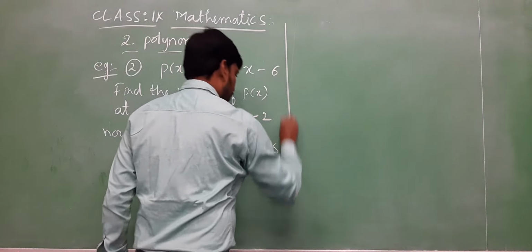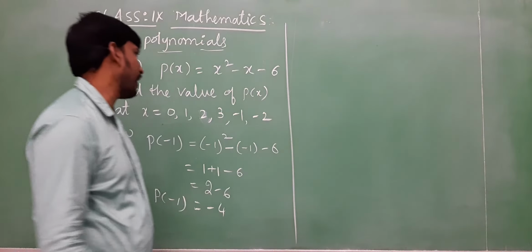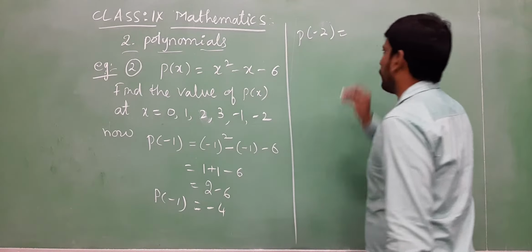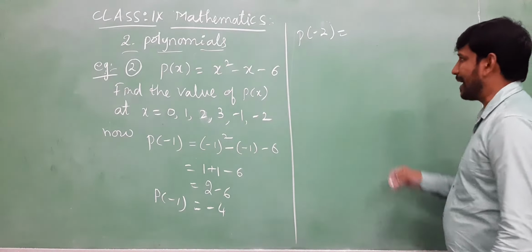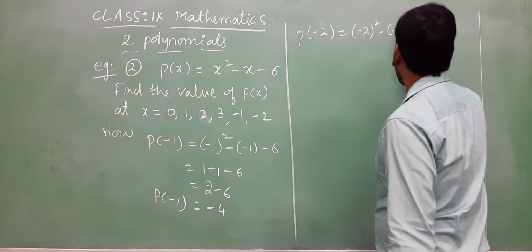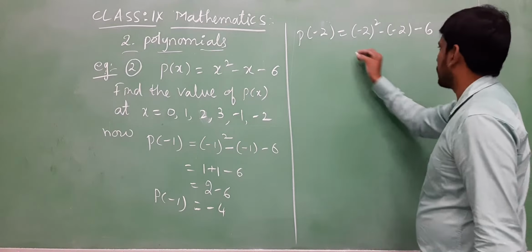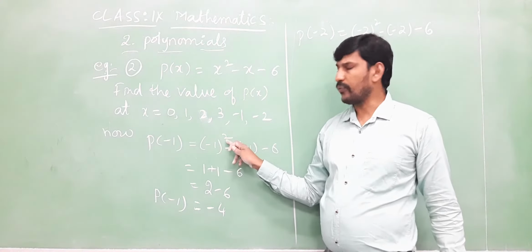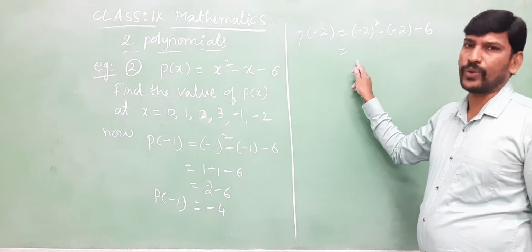Now the next one is p(-2). Okay. Let us find the value of the polynomial at x equal to minus 2. So minus 2 whole squared, minus of minus 2, minus 6. Now minus 2 whole squared. Just now I told you minus 1 to the power of an even number gives a positive value.